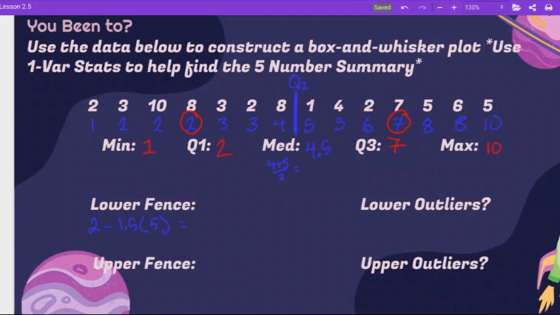That's the interquartile range. Right, so if you remember the formula, it's Q1 minus 1.5 times IQR. Okay, and so that gave us negative 6.5. So are there any numbers less than negative 6.5? The answer is no. So there are no lower outliers.